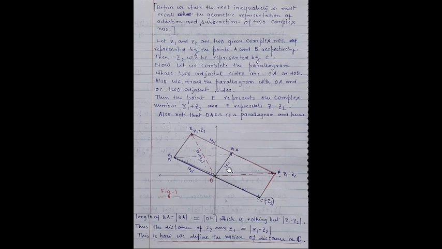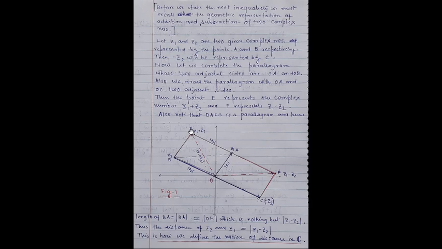OA is mod of Z1, clearly, because that's the definition of modulus. And AE is mod Z2 because they are the two parallel sides of a parallelogram. OB is mod Z2, so AE must be of the same length. So now we know all the lengths of the triangle OAE.